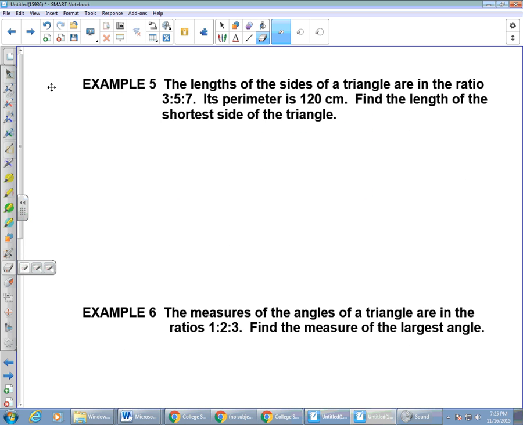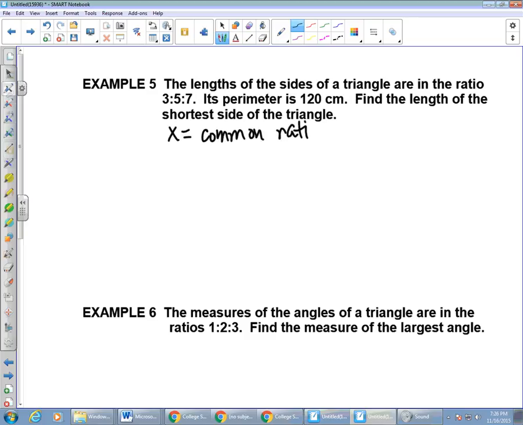In example number 5, it says the lengths of the sides of a triangle are in the ratio of 3 to 5 to 7. Its perimeter is 120. Find the length of the shortest side of the triangle. The easiest way to explain this is to say that x equals the common ratio of the sides.